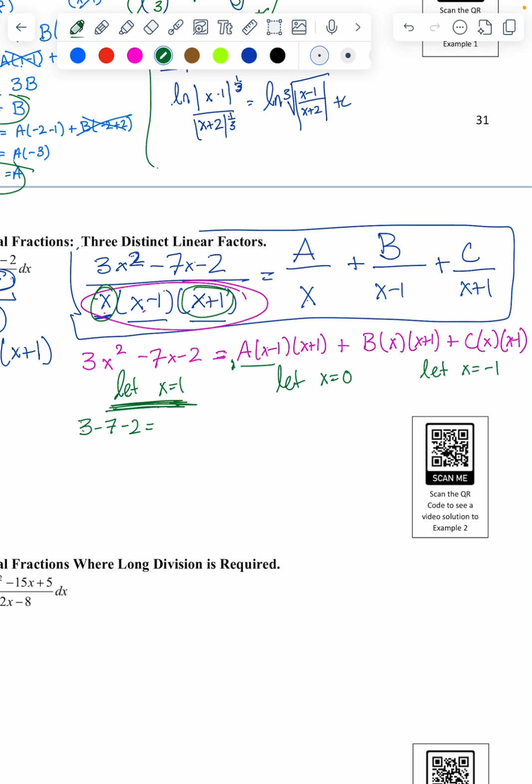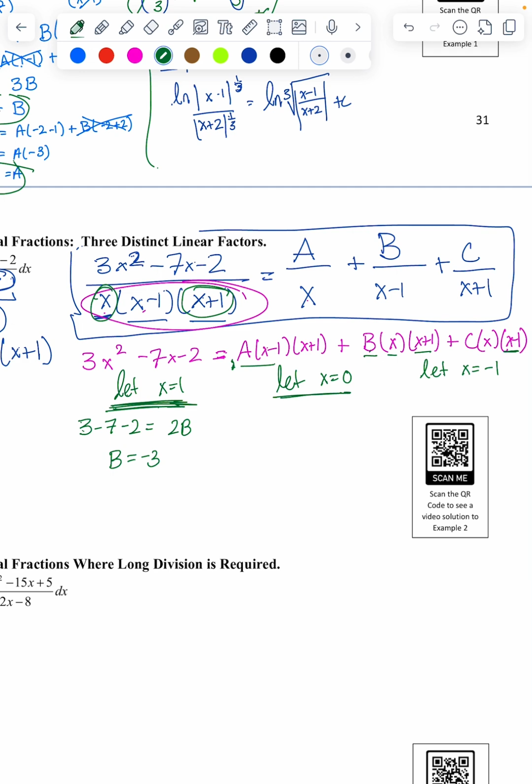The b part does turn into 2b, right? Because you got b times 1 times 2, so that equals 2b. And the c does go away as well, because here you got 1 minus 1 is 0. 0 times anything is just 0. So 3 minus 7 minus 2, you end up solving this, and you got b equals negative 3.